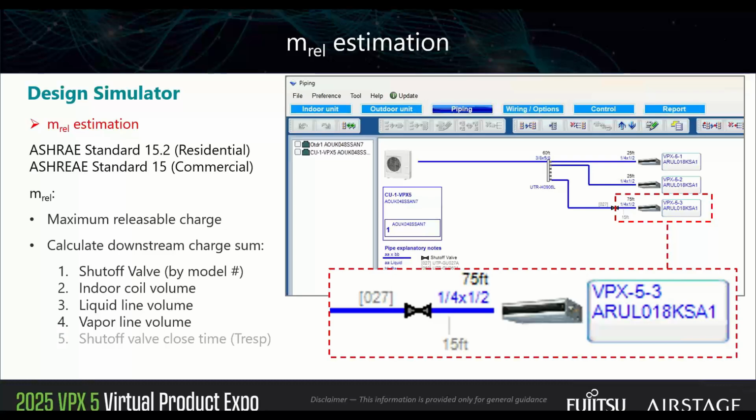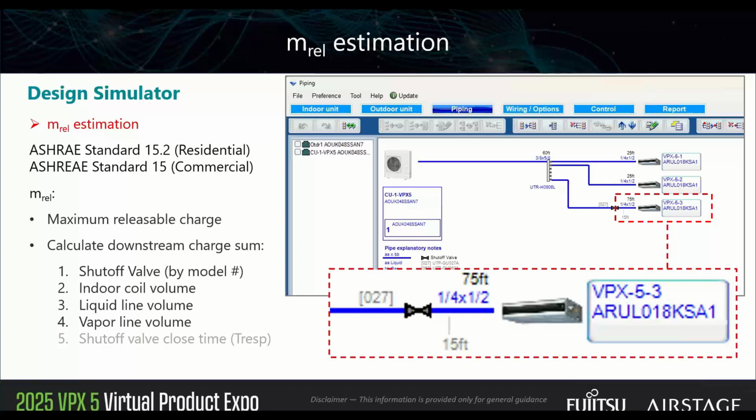So we're going to look at it by the numbers here. First is the shutoff valve refrigerant volume. Number 2 is indoor coil volume. We will look at the liquid line as well as the vapor line. And then number 5, which I have in gray here, is the shutoff valve closure time, because there are some numbers that you might say are a bit nebulous, that are not practical for us to calculate in the field, that are a value or variable in terms of how much refrigerant could be released.